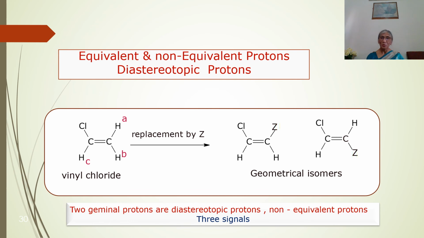Whereas enantiotopic protons will be equivalent protons in an achiral solvent, but enantiotopic protons in presence of a chiral solvent will be non-equivalent protons and can be distinguished by NMR, whereas the diastereotopic protons are non-equivalent protons and they can be distinguished by NMR.